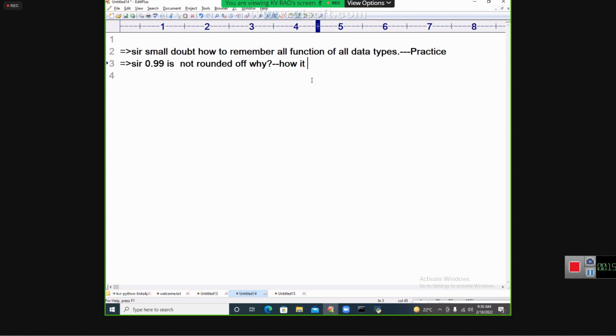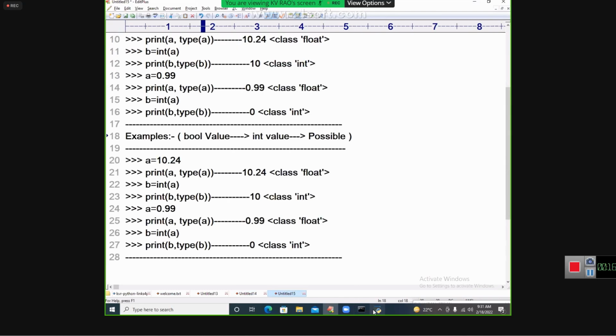Is there any function you used for rounding up? How can you expect that? Then it is not possible. Don't expect like that. Don't get those types of thoughts.